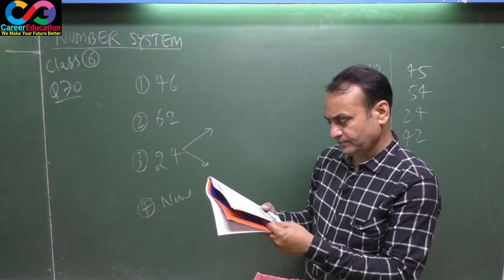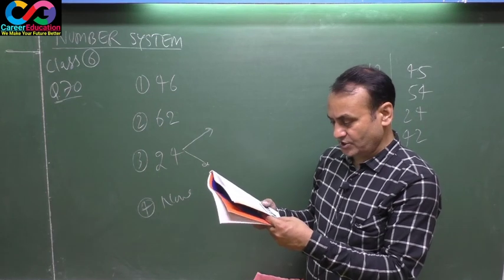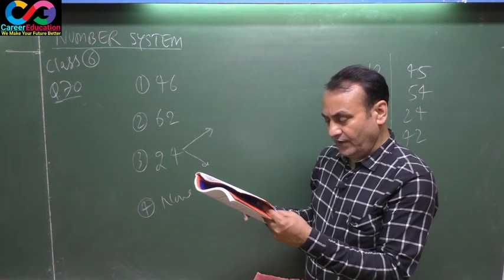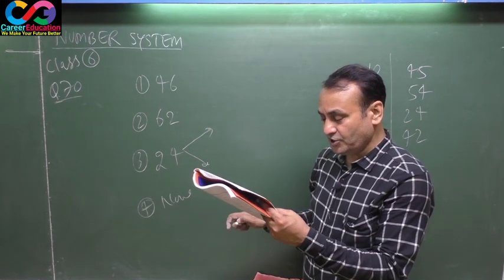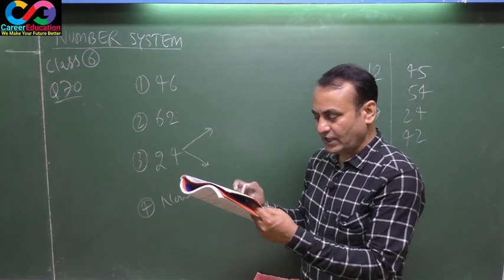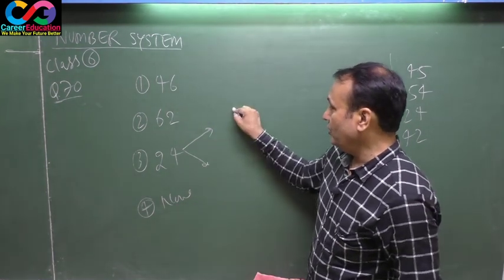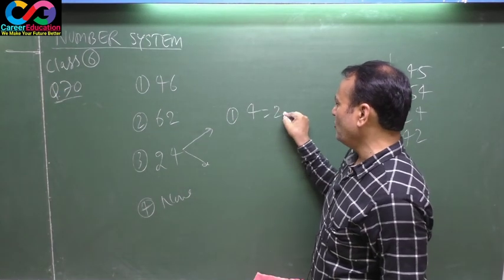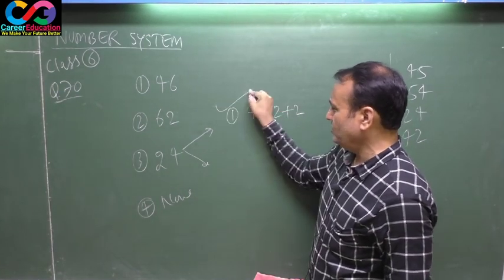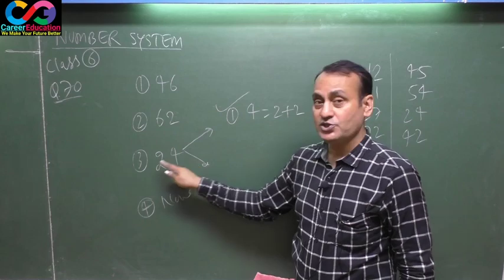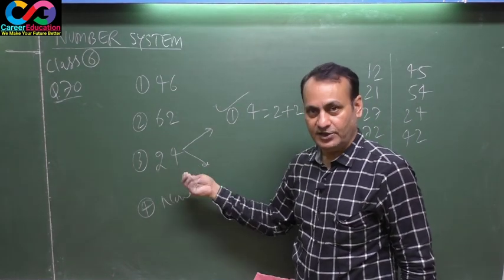Question 70 says, in a two-digit number, the unit digit is 2 more than the ten's digit. See here, unit is 2 more than ten. This is okay.